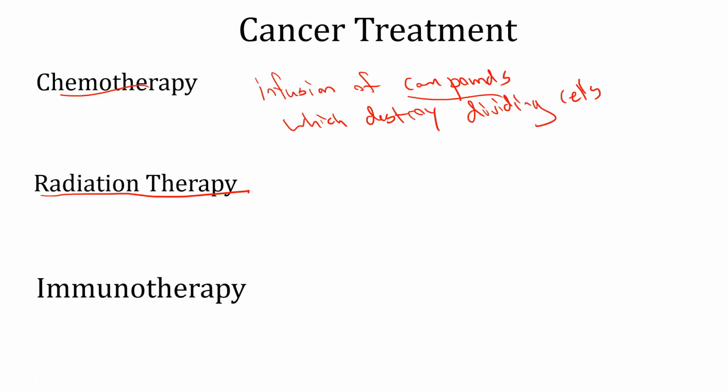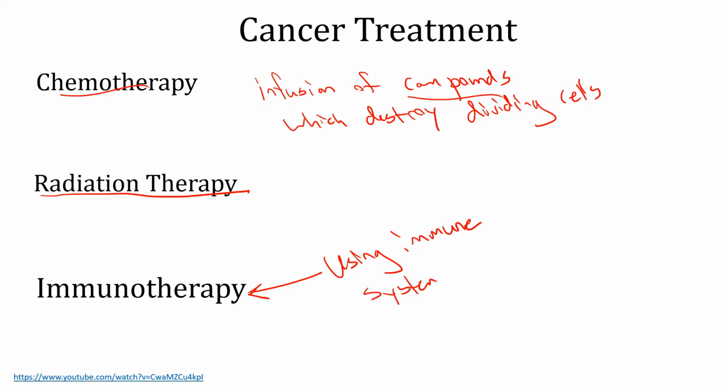A really interesting, relatively new approach is immunotherapy, which uses the immune system to attack cancer. Your immune system, in the same way that it protects you from invasion by virions and bacteria, can also recognize abnormal cancer cells and destroy them.